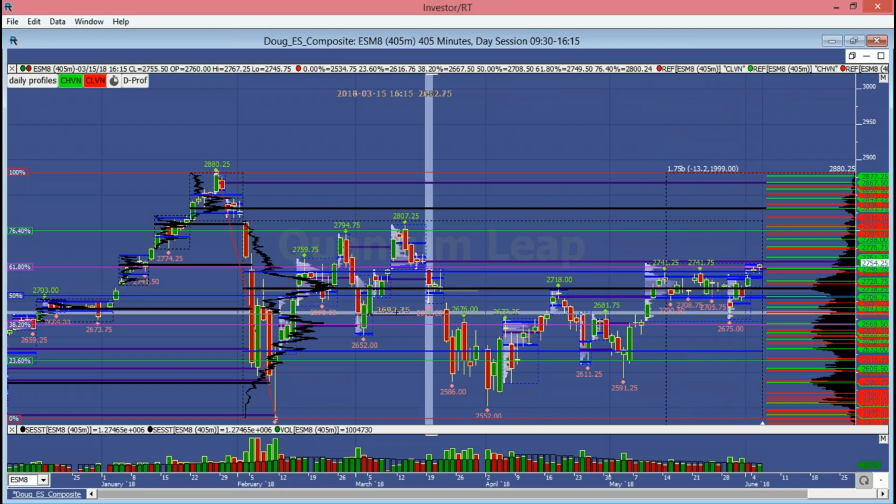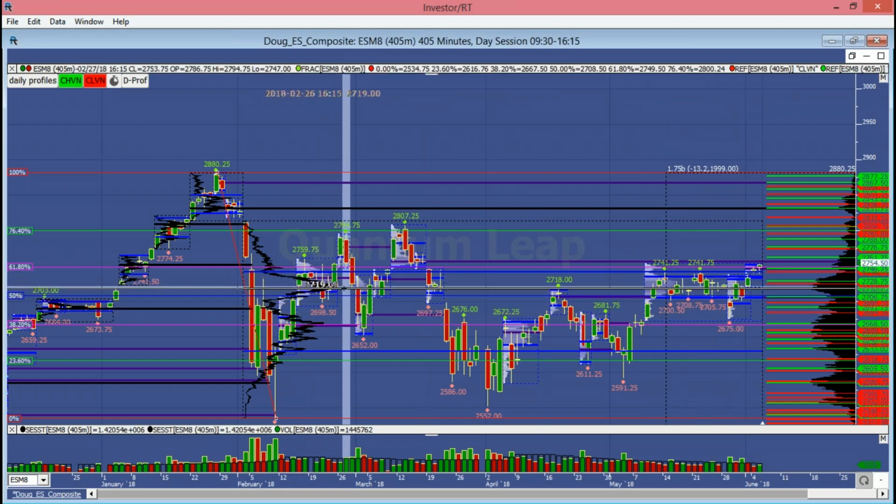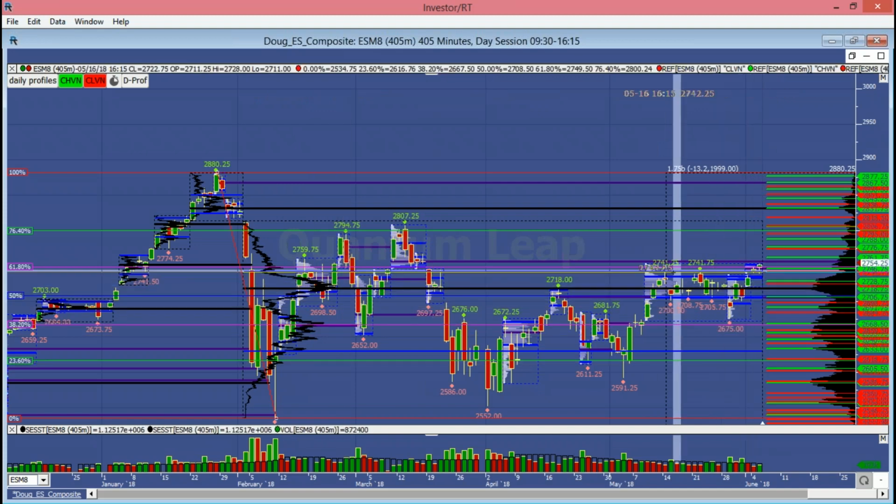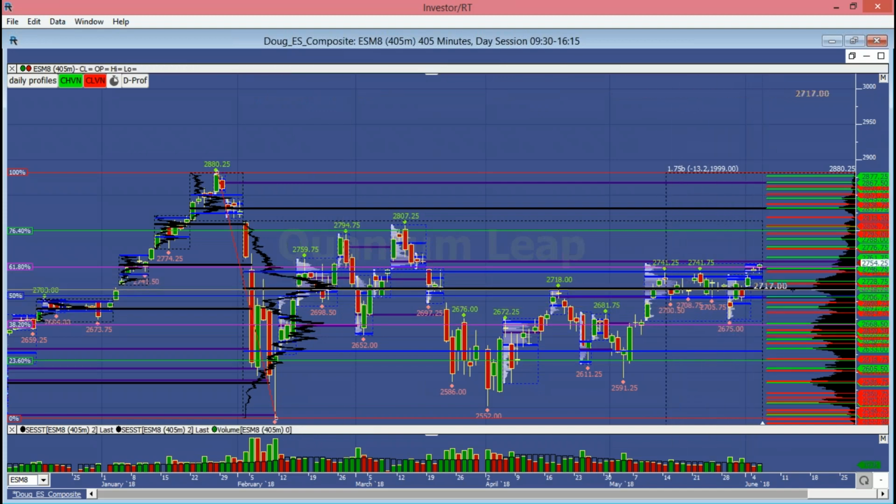And then finally, we get the shift of the longer time frame microcomposite up, and then we get the shift of the smaller time frame up, and all the time frames balance out at this new VPOC at the 27, 18, 19 area.